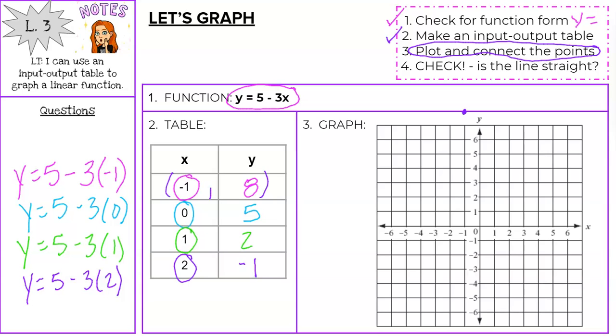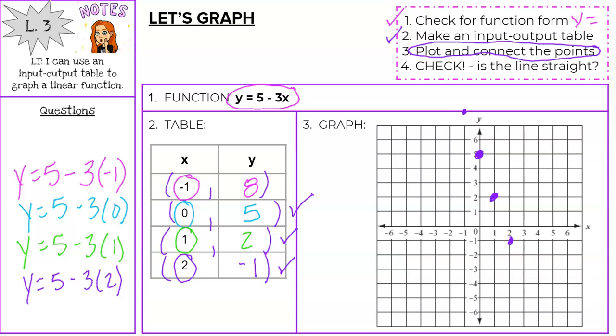It would be up here somewhere. 0, 5. So we do 0, 5. 1, 2. So over 1, up 2 right there. And then 2, -1. So it's right 2, down 1.